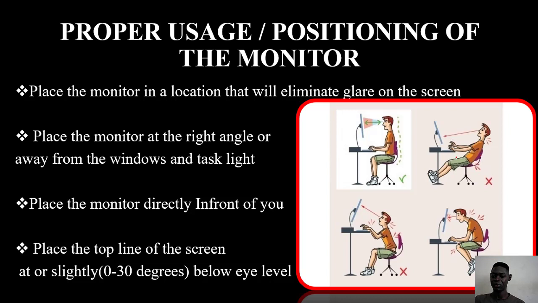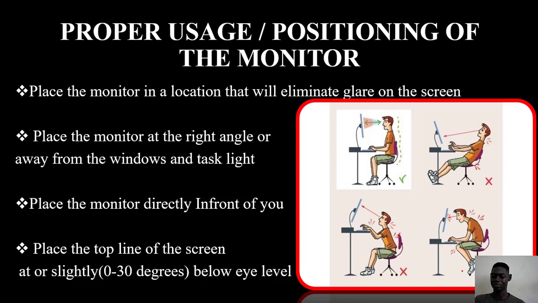At the top right corner, you can see that the monitor is tilted, and even the guy is bent or leaning backwards. Or let's check the bottom left corner. The monitor is tilted forward and the guy has leaned forward. Is that the way to position the monitor properly? And the last one, at the bottom right corner.